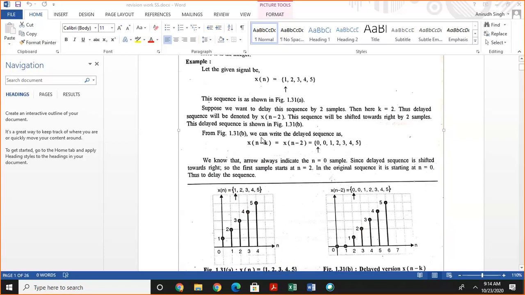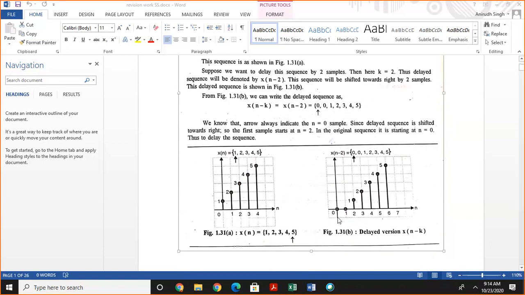Clear? Then the signal is given, x of n is given by 1, 2, 3, 4, and this arrow indicates the sample when n is equal to 0. So we can sketch this sample like this when n is 0, 1, 2, 3, 4, 5, 6. Clear? In this case the signal is generated when n is equal to 0, but at the receiver end, the receiver gets this signal when t is equal to 2, or when n is equal to 2.